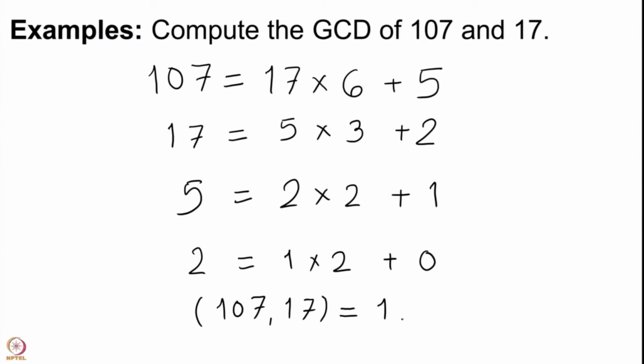You can just go back this way and write 1 as a linear combination of 107 and 17, but you should know that there are more than one ways to do that. I am going to tell you one way to write 1 as a linear combination of 107 and 17, not by tracing the steps back, but by just observing what the products are.